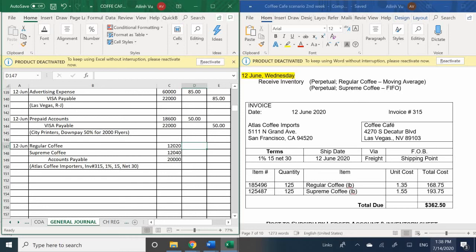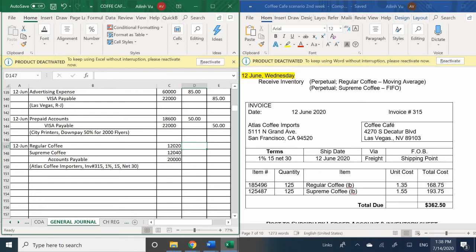Some accounts give more detail. This tells me exactly what I got in because I'm using sub-accounts, regular coffee and supreme coffee. That's the purpose of sub-accounts, to give more detail to the overall account. You want to go down to the lowest detail that you have in your chart of accounts. In this case, regular and supreme. That's the whole purpose of sub-accounts.